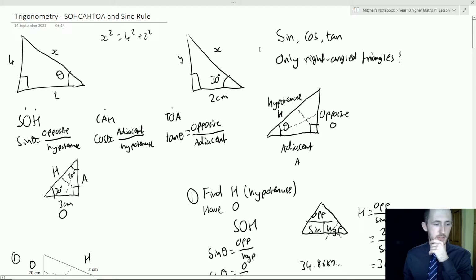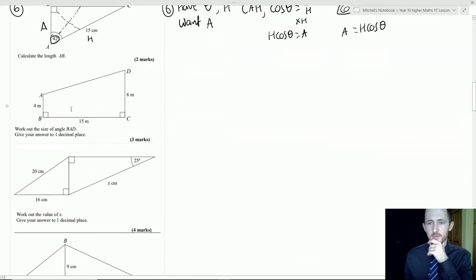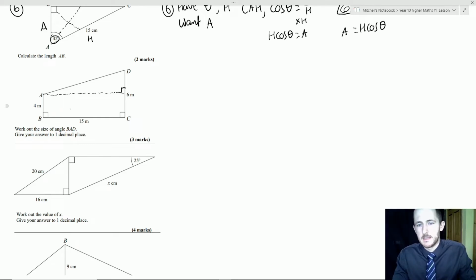Well, you can make a right angle triangle from this, right? Hypothetically, if I drew a straight-ish line along here, would this top thing be a right angle triangle? Yeah, it would. Okay? So the question is, how would you know this in real life, right?